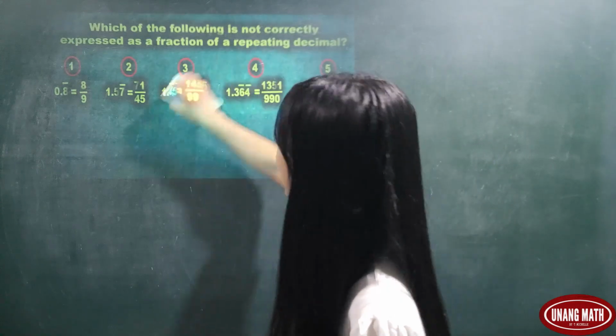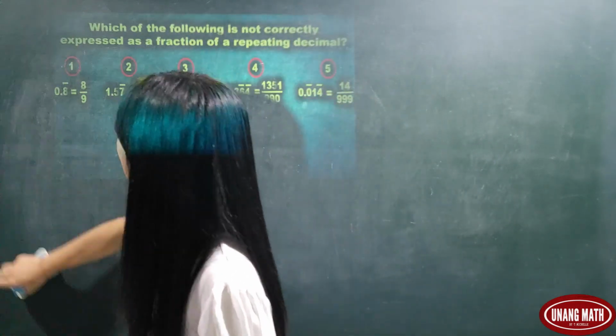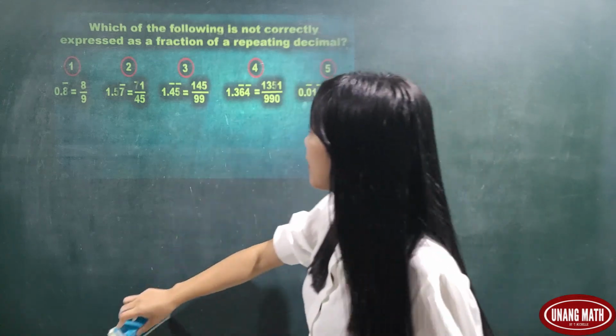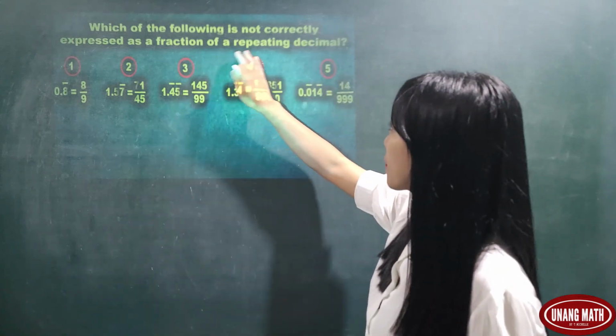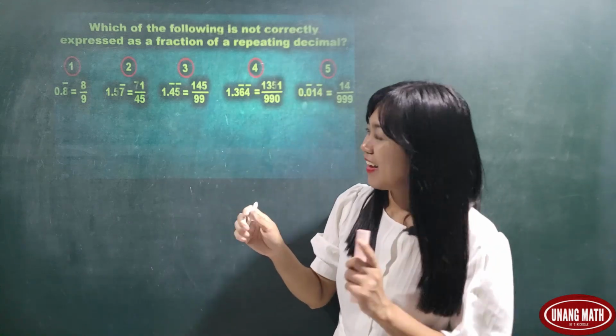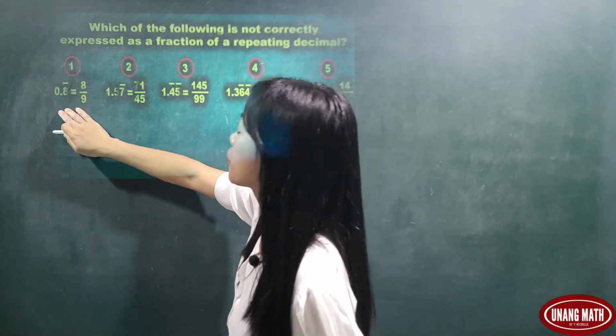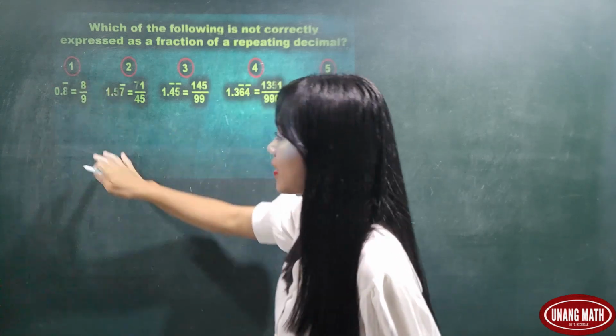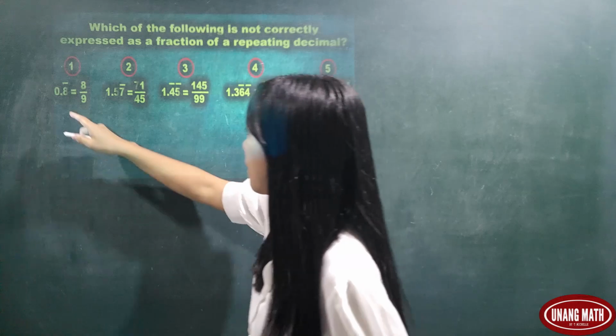Okay, this time, let's answer this simple activity. Which of the following is not correctly expressed as a fraction of a repeating decimal? Okay, let's take a look at the first option. 0.8 repeating. Is it equal to 8 over 9? Okay, let's see.